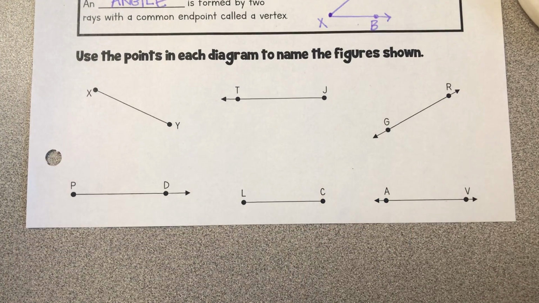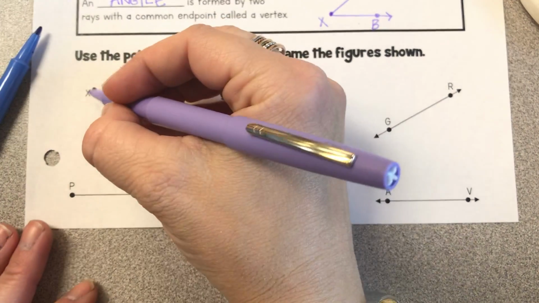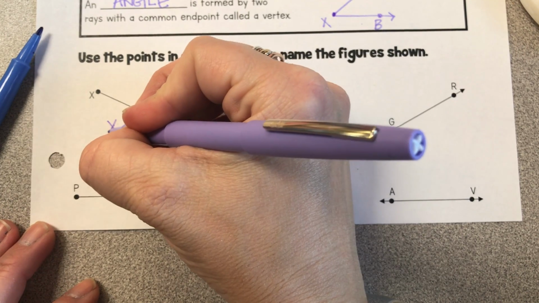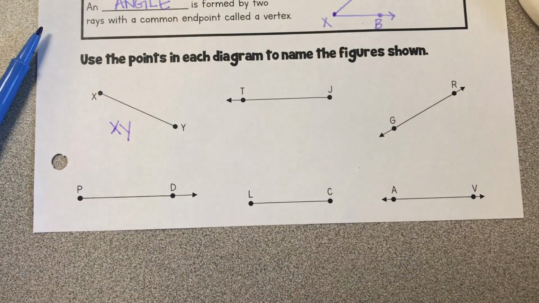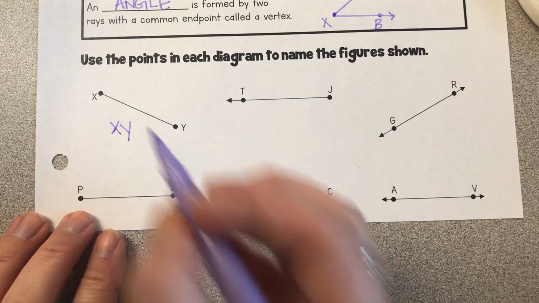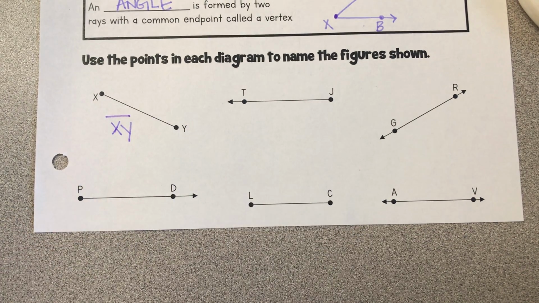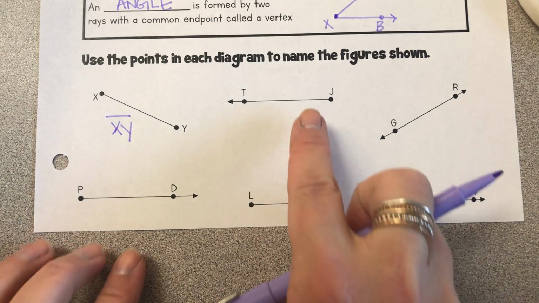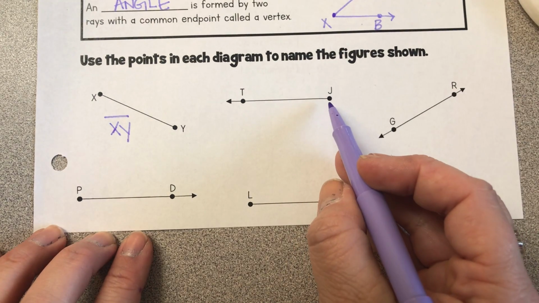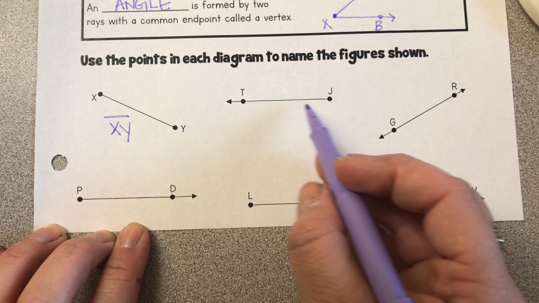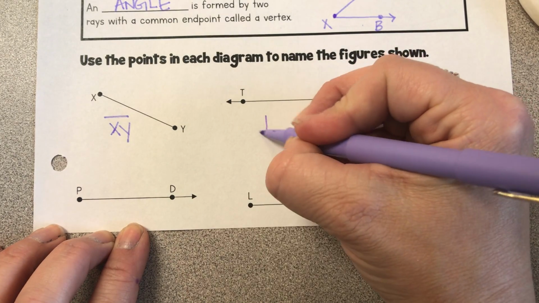Okay, so on the bottom, it says use the points in each diagram to name the figures shown. So I know I have an X and a Y, and it's in between X and Y, so therefore it's a segment. So that's segment XY. This one in the middle, it starts on J, it has an endpoint, goes through T and on forever.